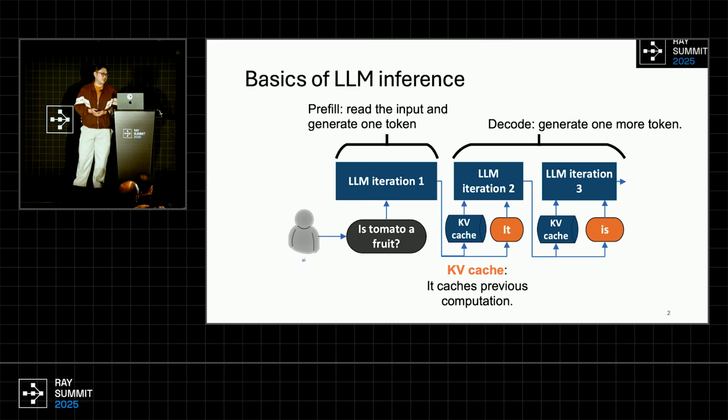This KV cache is more like a materialization of the large language model's computation, which you can reuse afterwards. The whole LMCache is built around these KV caches. So for now, please treat it as a cache that you can read to accelerate your application. And that's enough for today's talk.